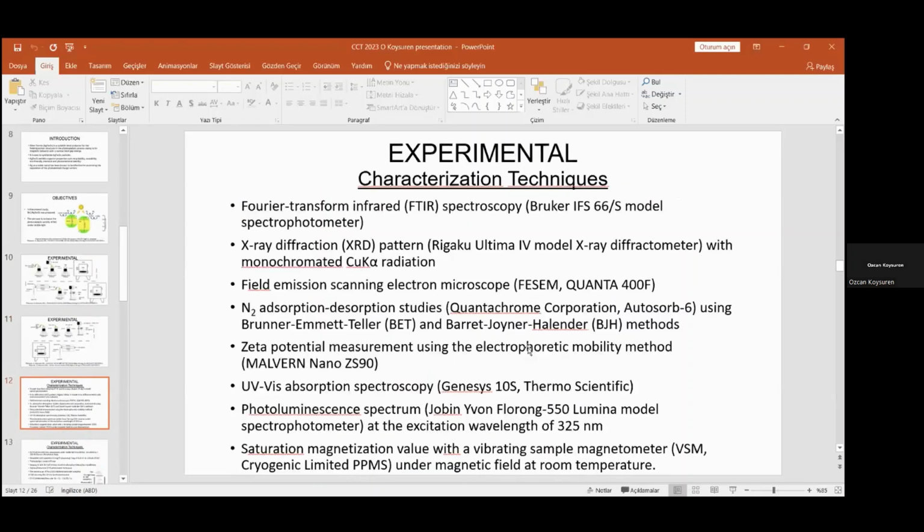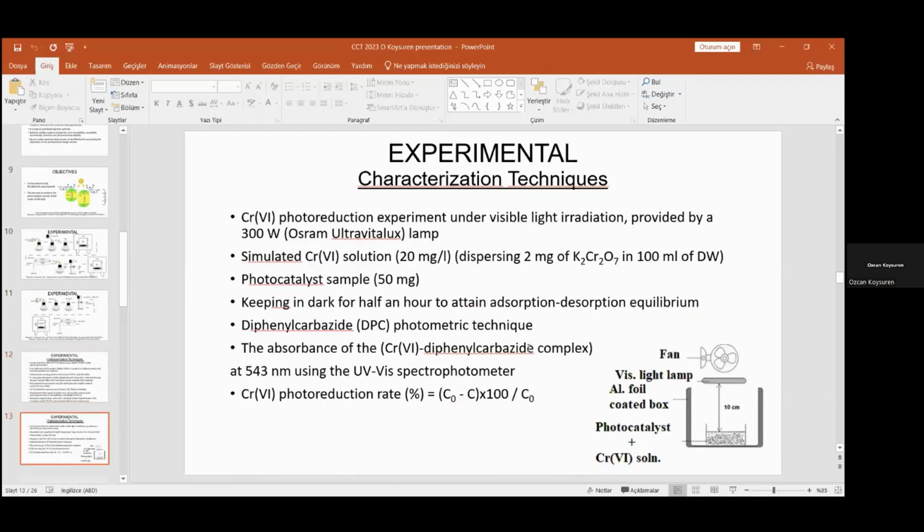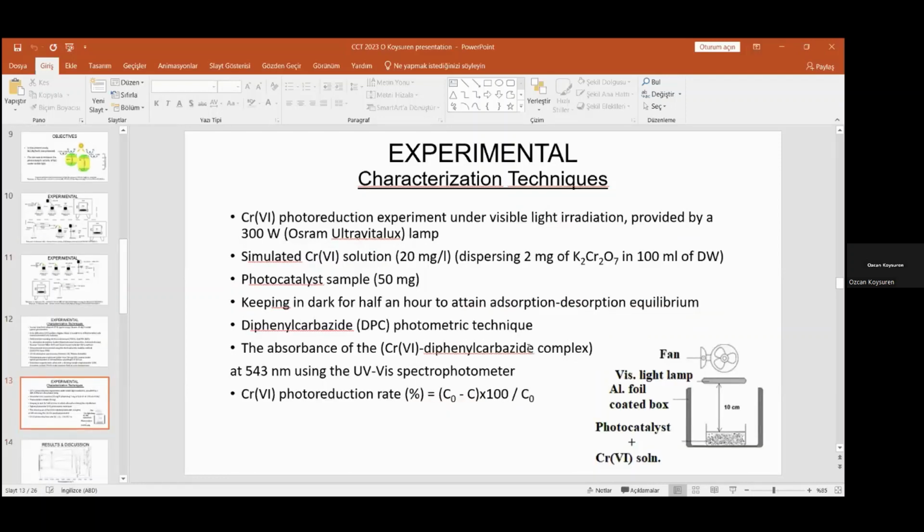Several characterization tests were performed, like FTIR, XRD diffraction technique, SEM microscopy, nitrogen adsorption-desorption studies, zeta potential measurement, UV absorption spectroscopy, photoluminescence spectrum, and saturation magnetization test. And the critical test is the chromium 6 photoreduction experiment.